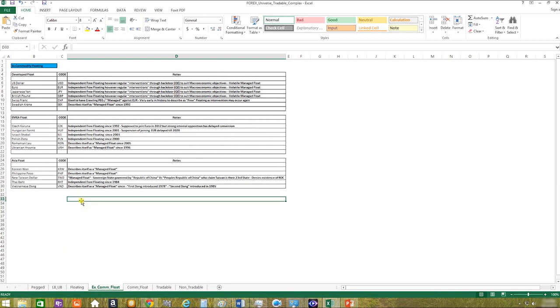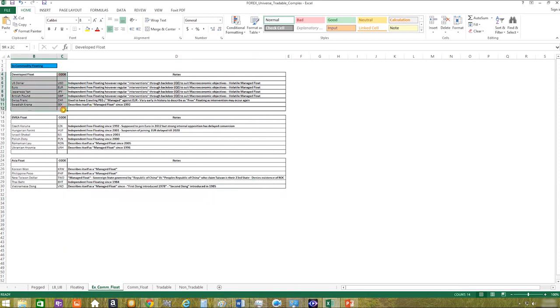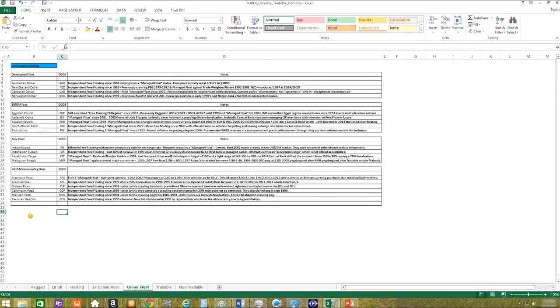And if we go into the X commodity floating, you can see that we define by developed float, EMEA float, and Asian float. So there are no LATAM floats for X commodity. And in commodity float, we've defined by developed, EMEA, Asian, and LATAM. So now we've drilled down a further level.